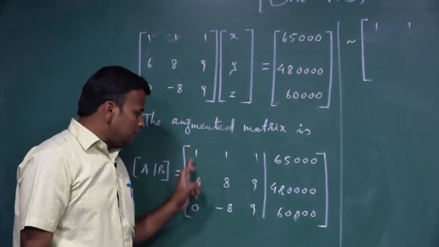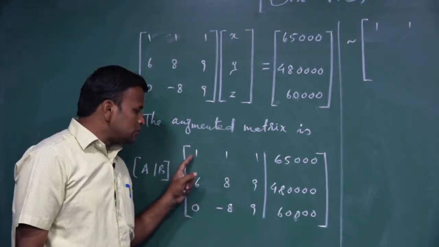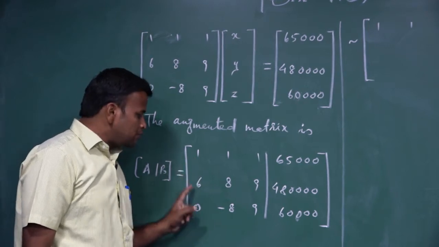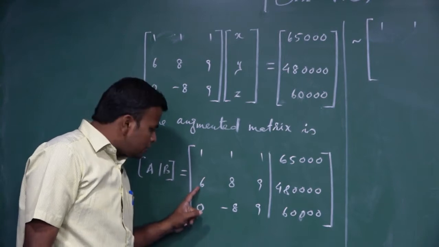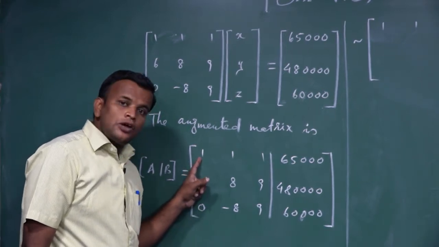We consider R2 and R1. Suppose that element also becomes 0 when we subtract. So how to write R2? We write R2 as R2 minus 6 times R1.